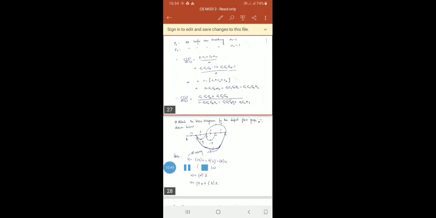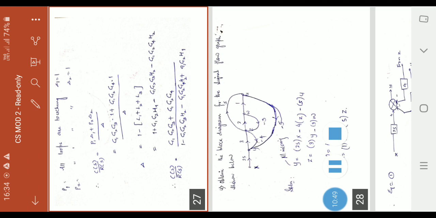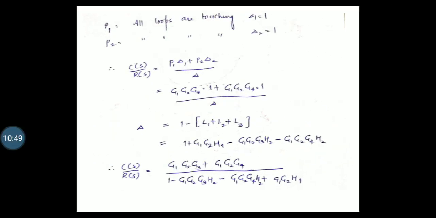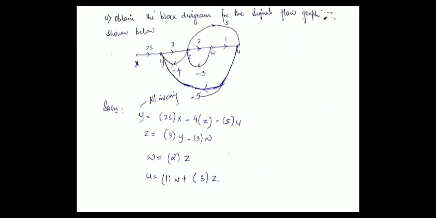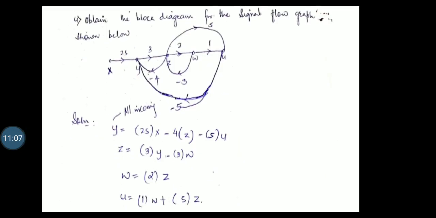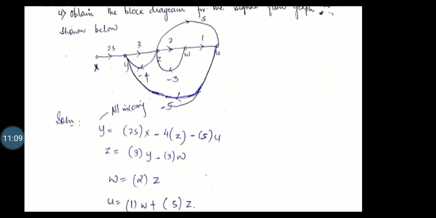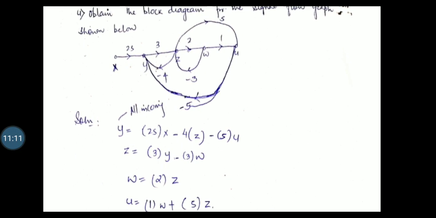We'll take the last problem. The problem is: obtain the block diagram for the signal flow graph shown below. So this is a signal flow graph, and we have to find the block diagram for this.